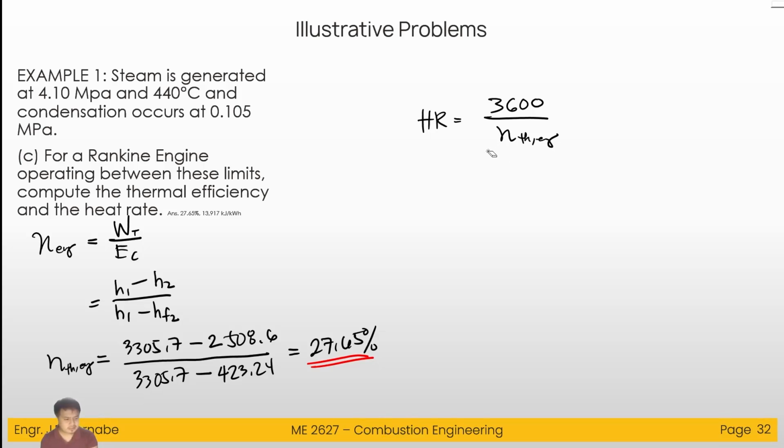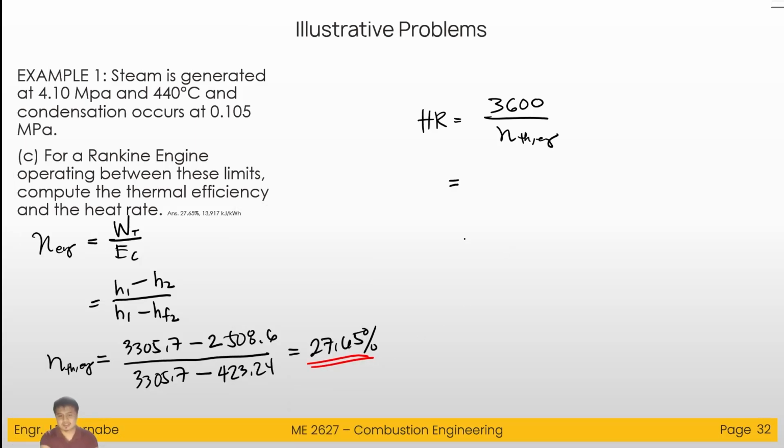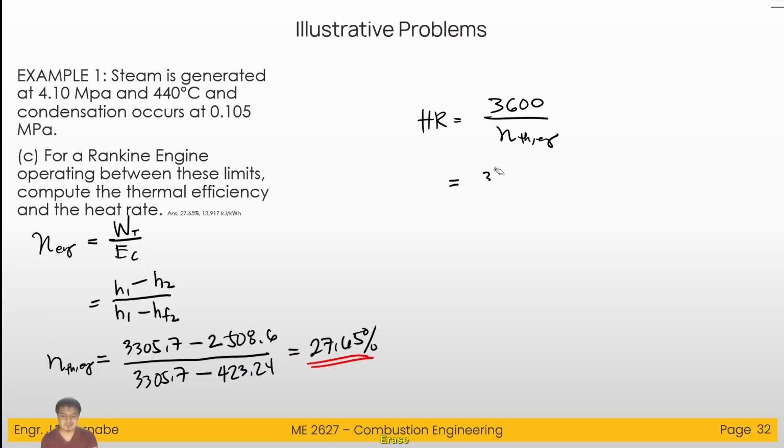So we can find this heat rate: 3,600 over 0.2765. So this will be your heat rate.